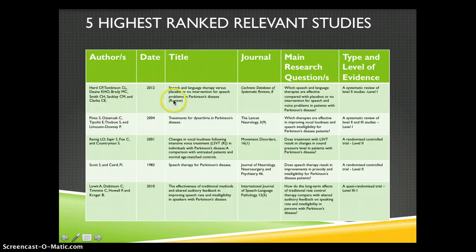This was a great article which had a look at which speech and language therapies are effective compared with placebos or no intervention for speech and voice problems in patients with Parkinson's disease. And this is quite a recent study, and it was very thorough.